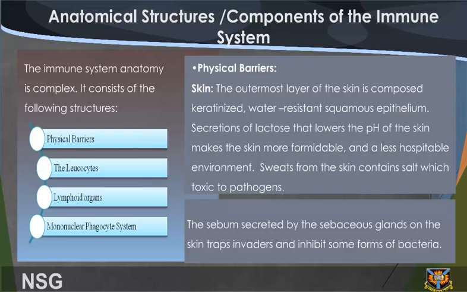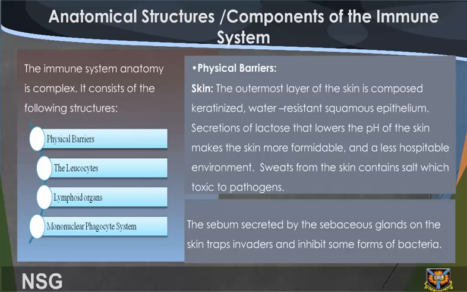Physical barriers. Skin. The outermost layer of the skin is composed of keratinized, water-resistant squamous epithelium. Secretions of lactic acid lower the pH of the skin, making the skin more formidable and a less hospitable environment.